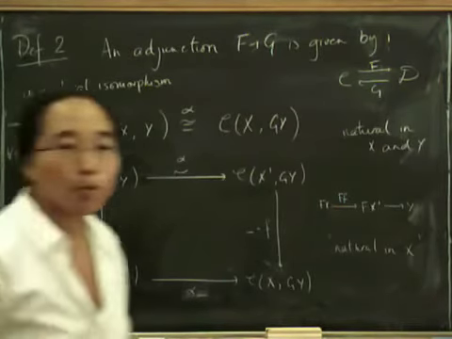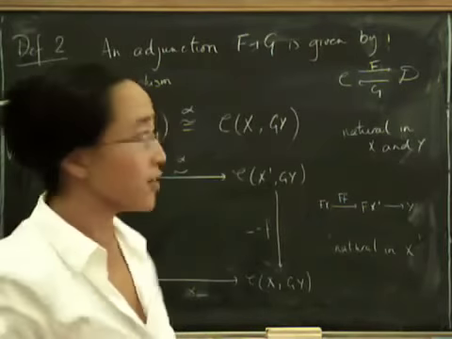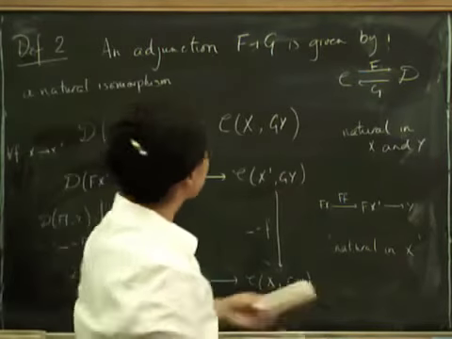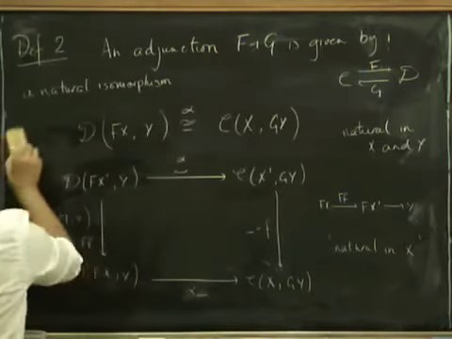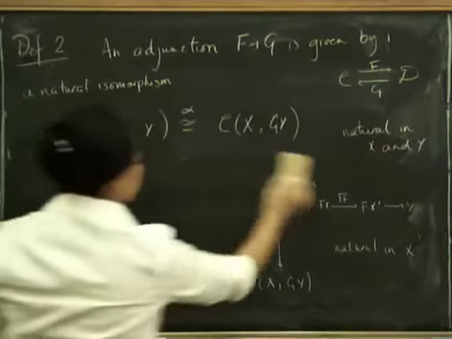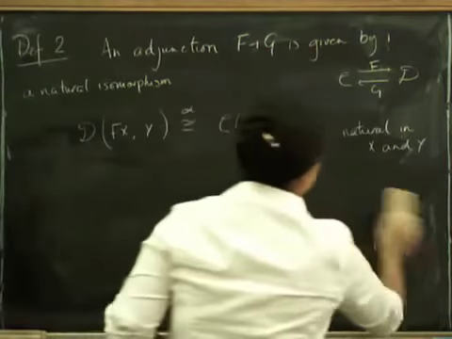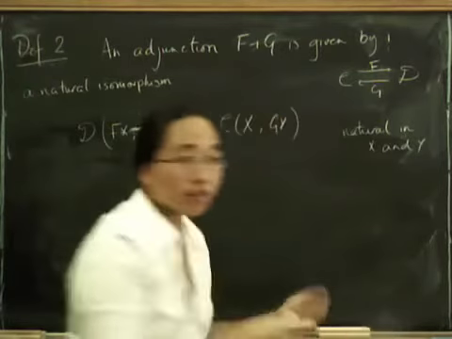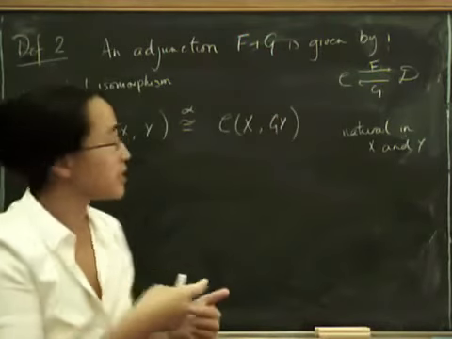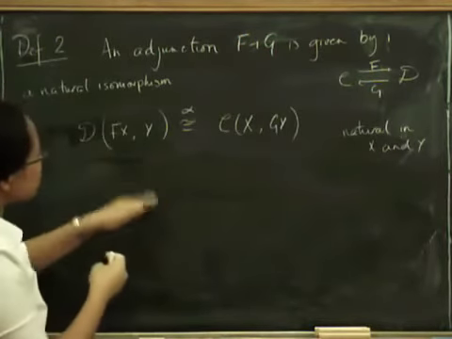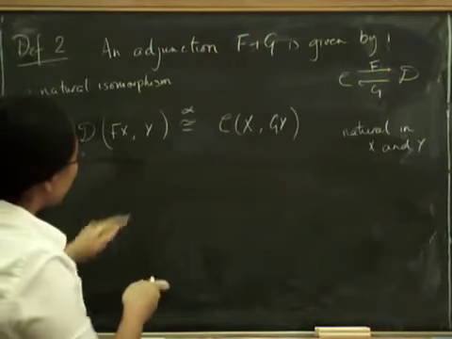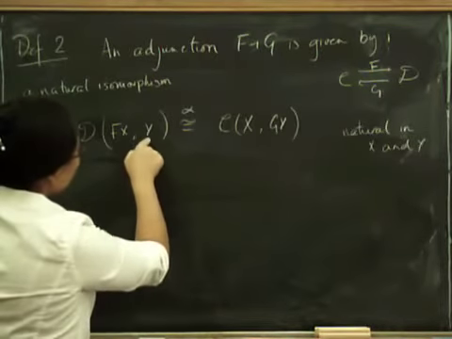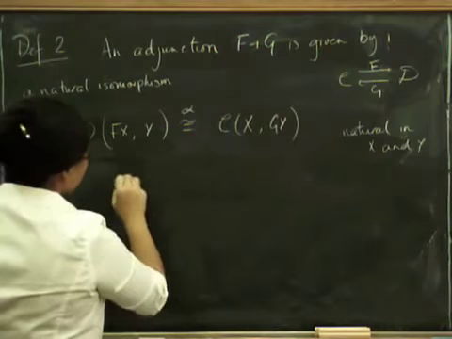Now I seem to have about 2 minutes left, in which I'm going to give you a hint about what on earth this has to do with the previous definition, where we had a unit and co-unit. Let me get rid of this naturality square. So remember before, what we had was a pair of functors going in opposite directions and an eta and an epsilon. So how can we produce an eta and an epsilon from here? Well, look, let's put y to be f of x.